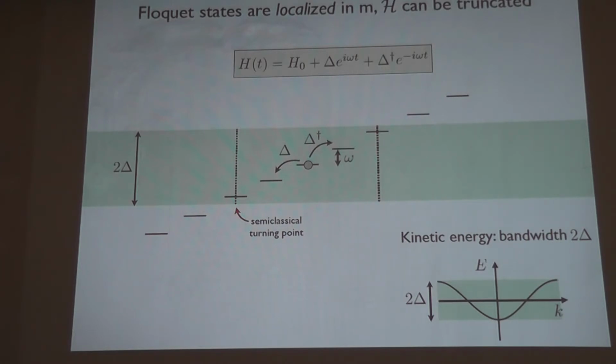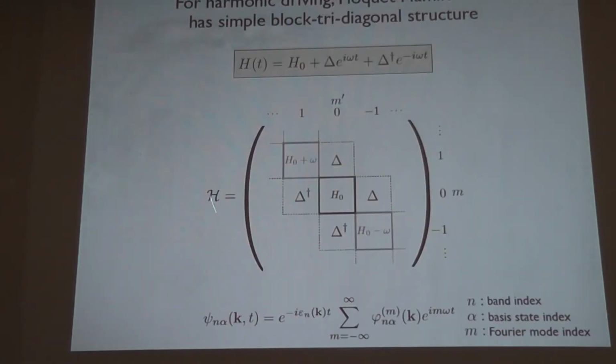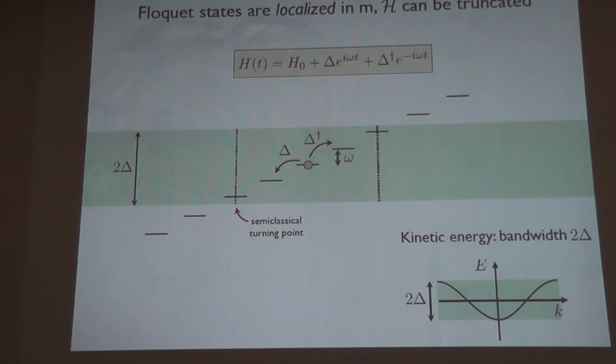So the reason I'm going through all this is to tell you that in terms of this matrix, we understand from this picture, hopefully, that the eigenstates are localized in this M direction. I have some state which is localized starting around M equals 0. It'll explore some region of M's close to 0, but at some point it'll stop. It'll have some exponentially or even faster decaying tails.